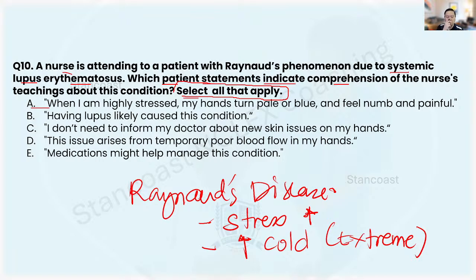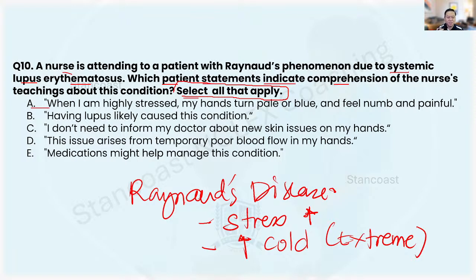Okay, so when the patient is placed in that kind of environment, if they are too stressed, if they are probably staying in Colorado during the winter months, or the Alpine, they're likely to develop the pale or blue discoloration, feeling numbness and painful sensation in their hands.